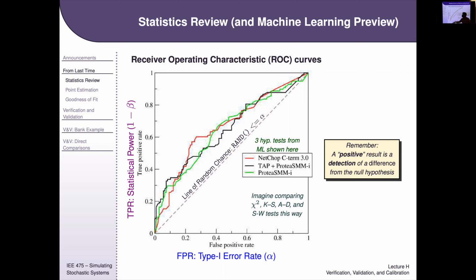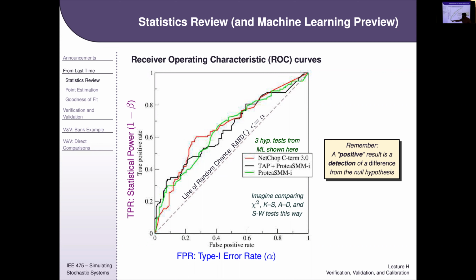So you can apply this to any hypothesis test. For example, we could build a hypothesis test where you just flip a coin and see whether that coin is less than or equal to alpha. And that hypothesis test will be the diagonal line here. So if alpha is equal to 1.0, then it will always come up true, I guess.